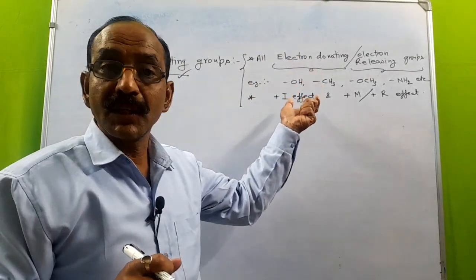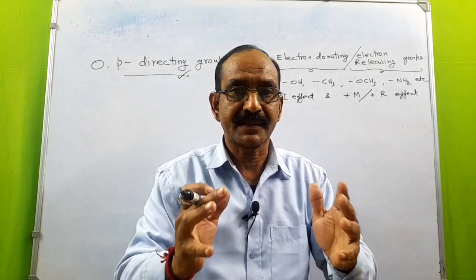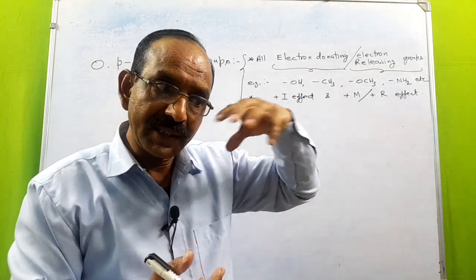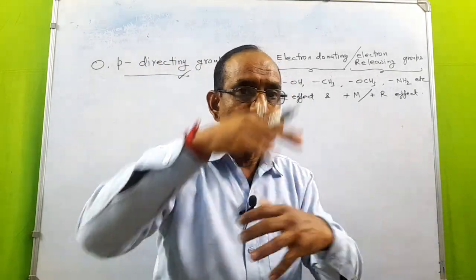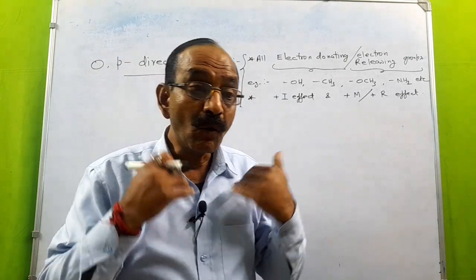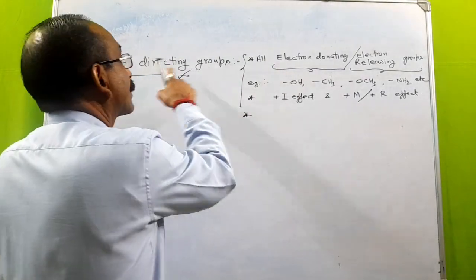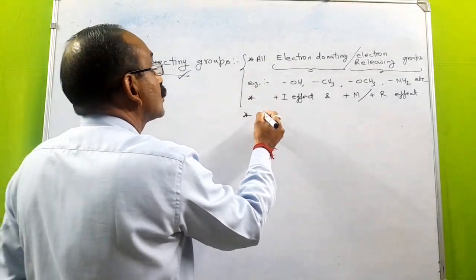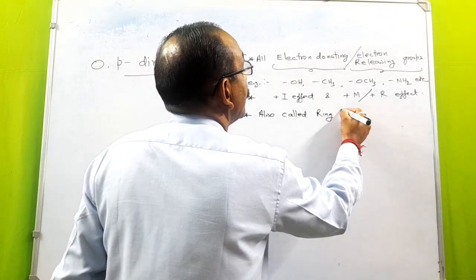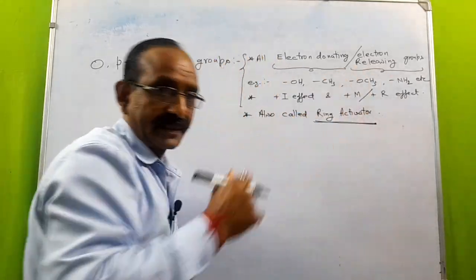These electron releasing groups, due to their plus I effect and plus R effect, increase the electron density over the benzene ring, means increase the electron density in the cloud which lies above and below the plane of the ring, and that's why they make the ring more susceptible to electrophilic attack, and thus these electron donating groups are also called ring activators, because they increase the electron density over the ring.